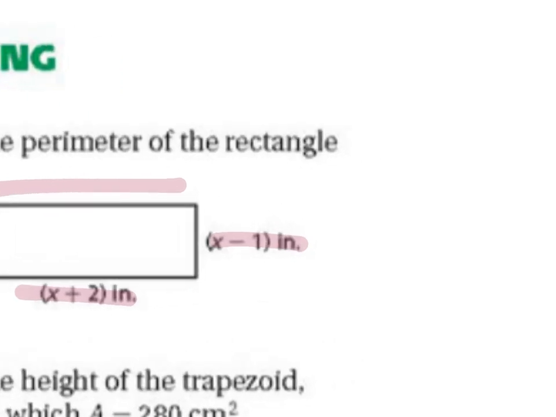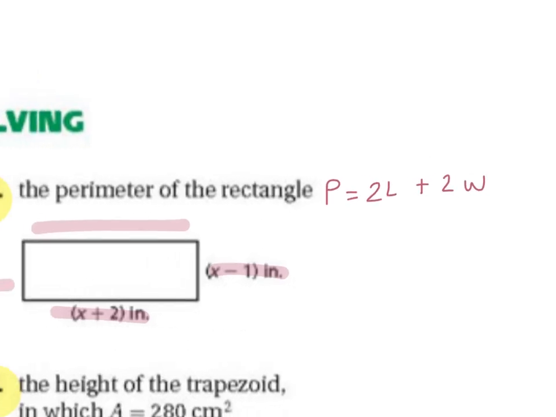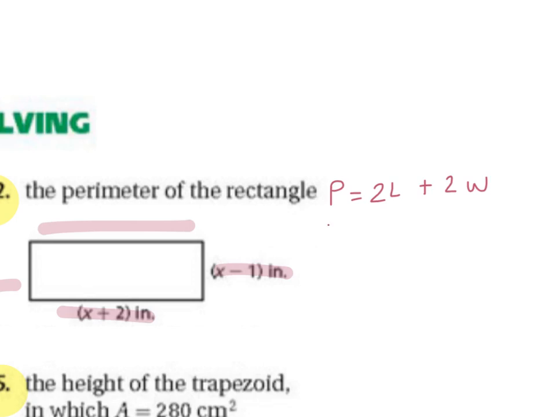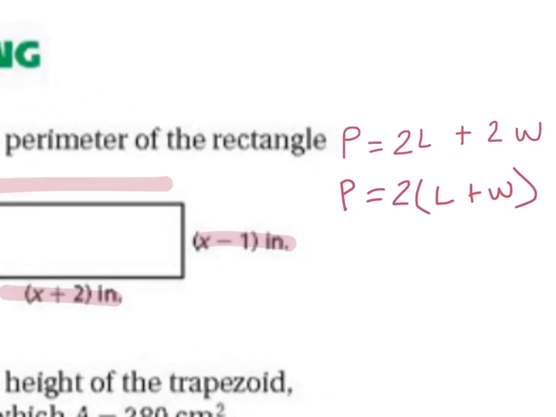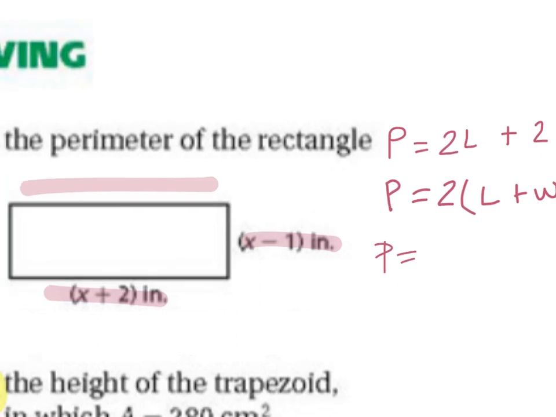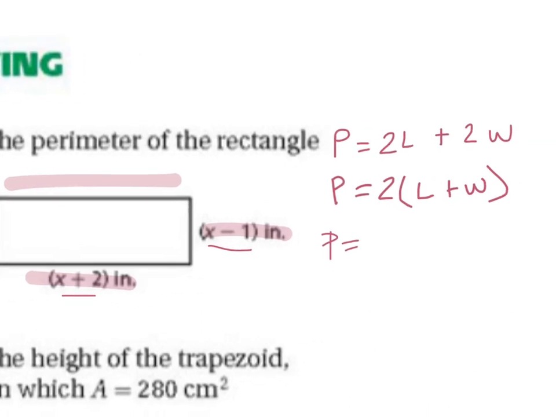Or we know that the perimeter is equal to 2 times the length plus 2 times the width, which can also be written as 2 times L plus W. So we can just add the length and width together first and multiply it by 2. So let's do that since this is giving us binomials in our length and width.